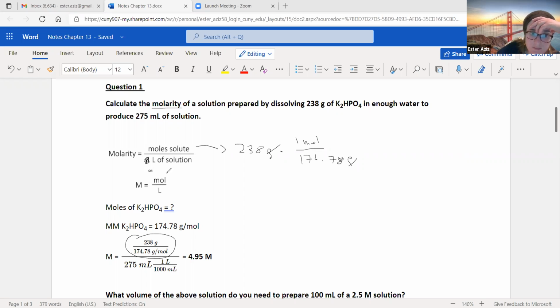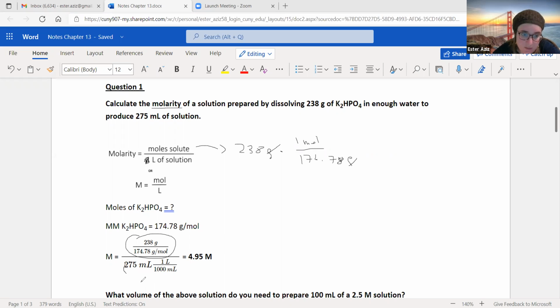It's the moles. Now, how about the denominator? We have to find the liters of solution. Well, we're just told that this is 275 milliliters. And so we just have to convert it into liters, because it has to be in liters to give the correct definition of molarity. So we're going to take milliliters and multiply by 1 liter over 1,000 milliliters, 275.